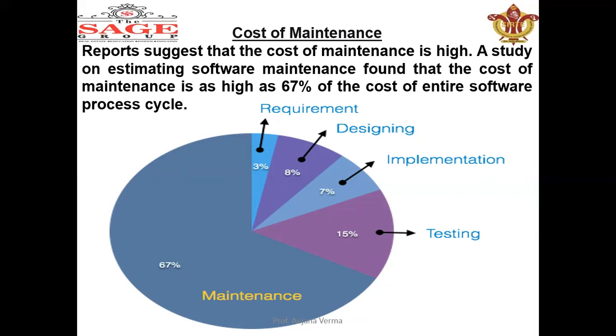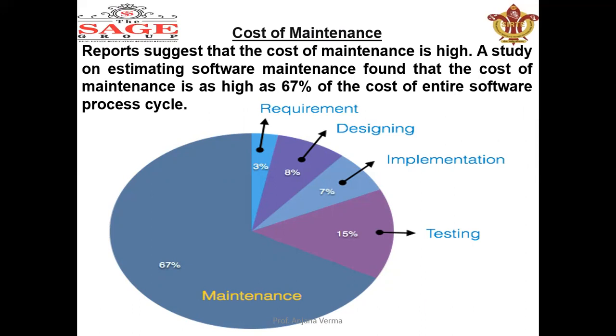If you see that the problem is in requirement time, and you remove the errors in requirement time, it will take only 3%. If you remove or correct the errors in designing time, it will take 8%. In implementation time, 7%.